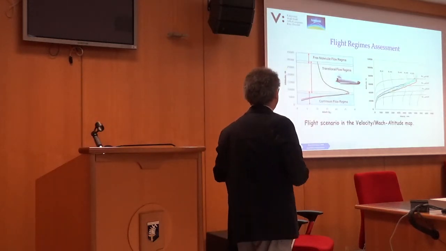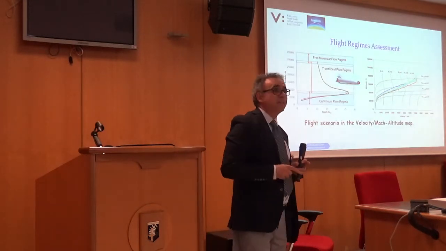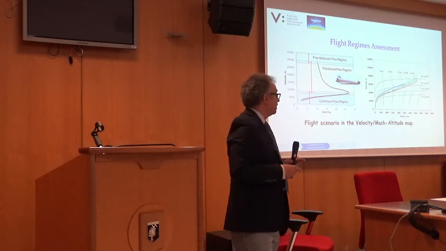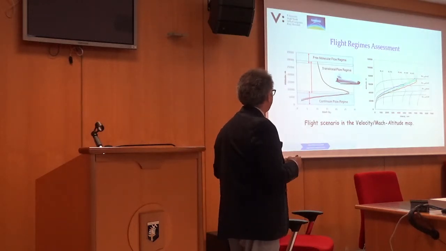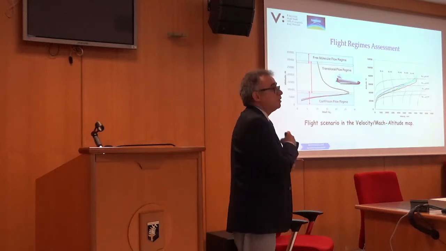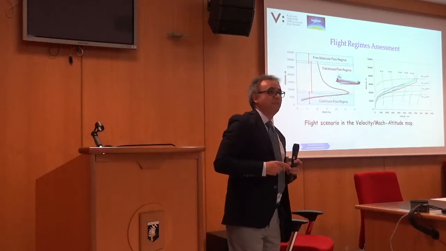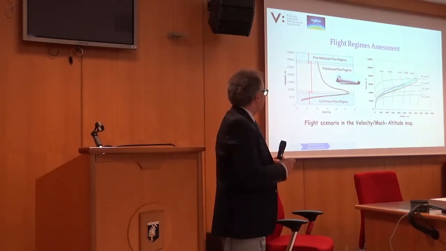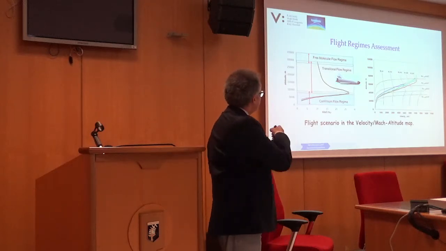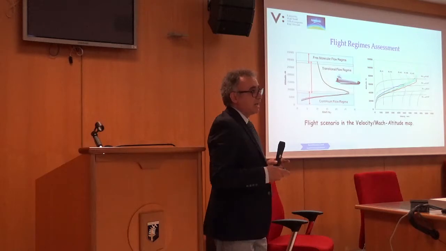This is another example of capability in terms of flight regime assessment for what concerns the re-entry. On the left side you can see the several regimes, from free-molecular, transitional flow regime, up to continuum flow regime that the vehicle has to face during the re-entry, coming from about, in this case, 300 kilometers up to the landing, of course.